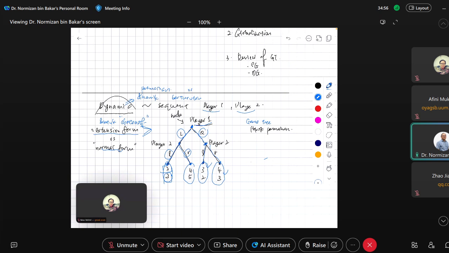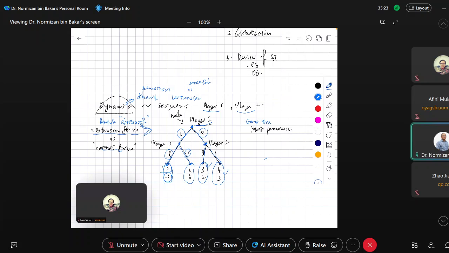Masing-masing tak dapat lihat. Tapi dalam dynamic game ni dia dapat lihat. So that is the game tree that presents the game of sequencing. Do you have any questions about this? Ada apa-apa soalan tak tentang game tree ni?